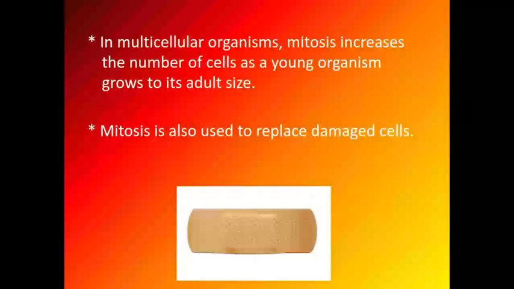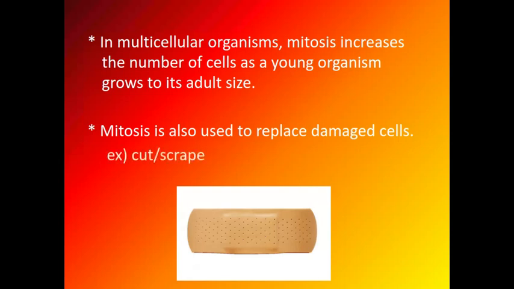So in multicellular organisms, mitosis increases the number of cells as a young organism, and then it grows into its adult size. So mitosis is also used to replace damaged cells. So say you get a cut or a scrape, mitosis works to help heal that with new cells.